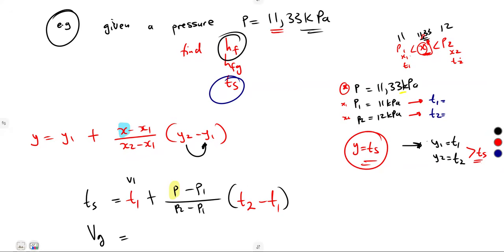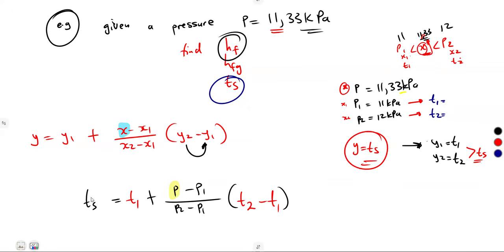Anything according to what you have from your steam tables. If it is the entropy, if this is Sg, this is going to be S1, this will be S2 minus S1, corresponding to what you are given, the pressure. So that is it.